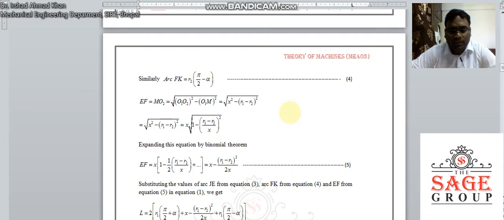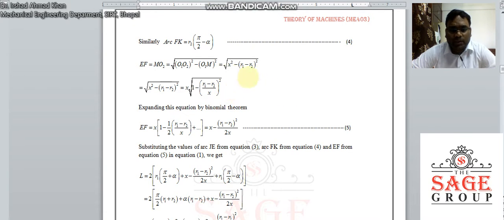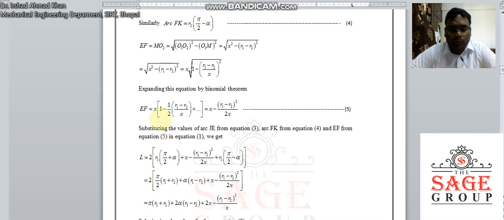So just solve it. Take x outside, and expanding by the binomial theorem, EF is equal to x times (1 minus 1 by 2 ((R1 minus R2) by x) squared plus.